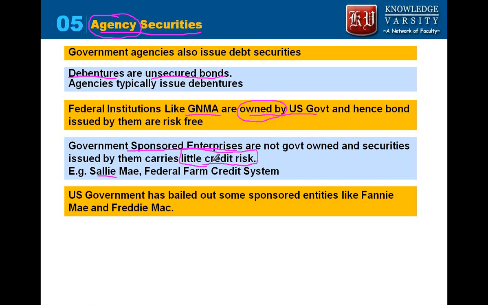But what we have seen in the past is that the government bailed out two of the sponsored agencies, Fannie Mae and Freddie Mac. These were government sponsored agencies and they had issued bonds. The government bailed them out, so it becomes like a moral obligation of the government to bail out government sponsored agencies. That's why the bonds, even though they are unsecured, carry a high credit rating, because of the fact that they are backed by the US government.